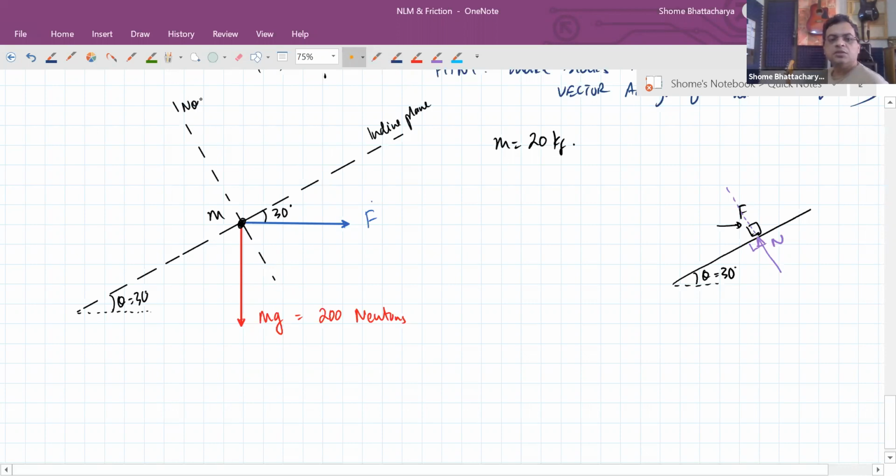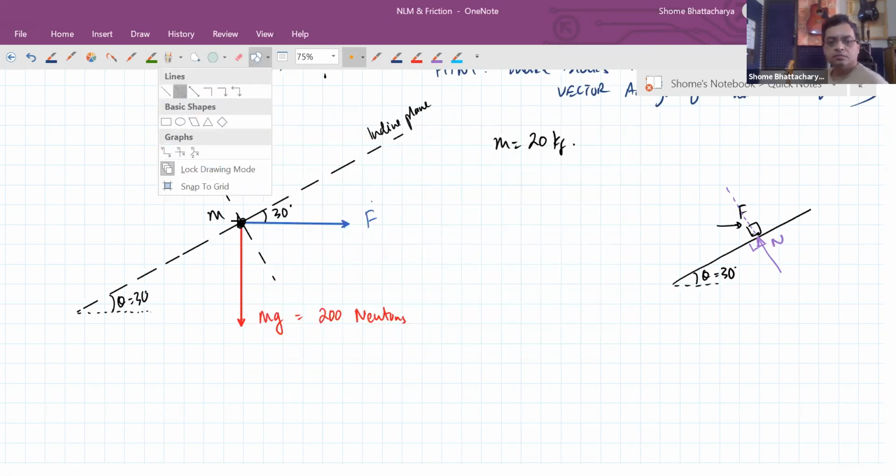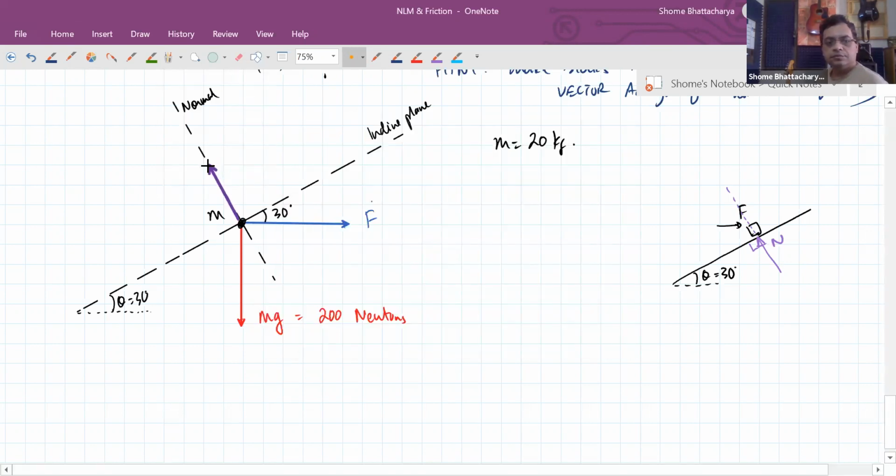And this is the normal to the inclined plane. So the normal contact force will now act along this line. This is the idea. Okay. And also you can see that here this angle is 60, therefore this angle will become 30 degrees.